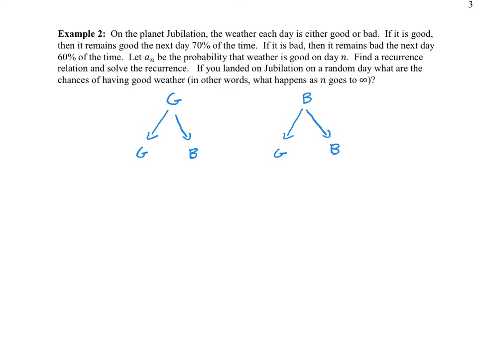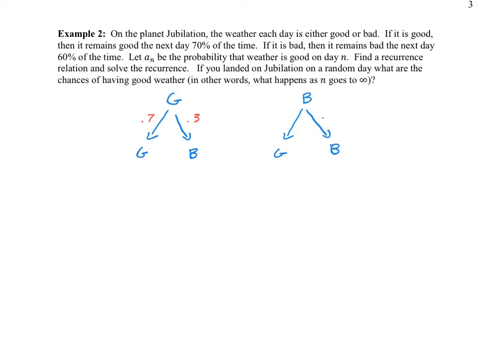Those are the only options we have. So the probability of the weather staying good is 70%. So let's write 0.7 for that.